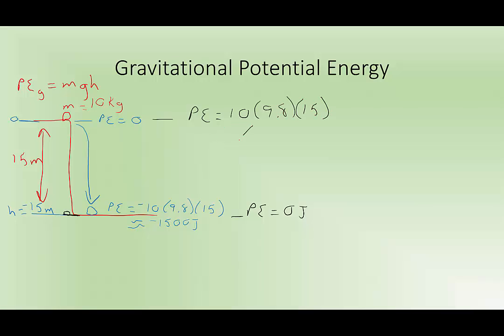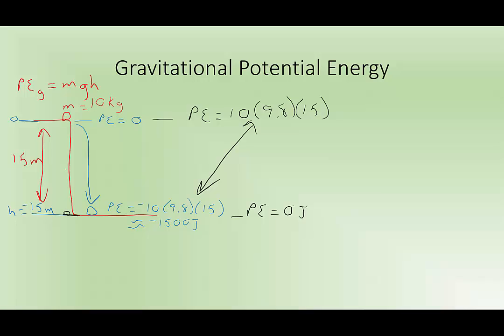Notice that numerically the potential energy is going to be the same whether we put the 0 at the bottom or 0 at the top. If we chose 0 to be in the center, it'd make life much more complicated. But the magnitude is the same, and just whether it's a positive or a negative value is what's going to change depending on where we put the 0 point.